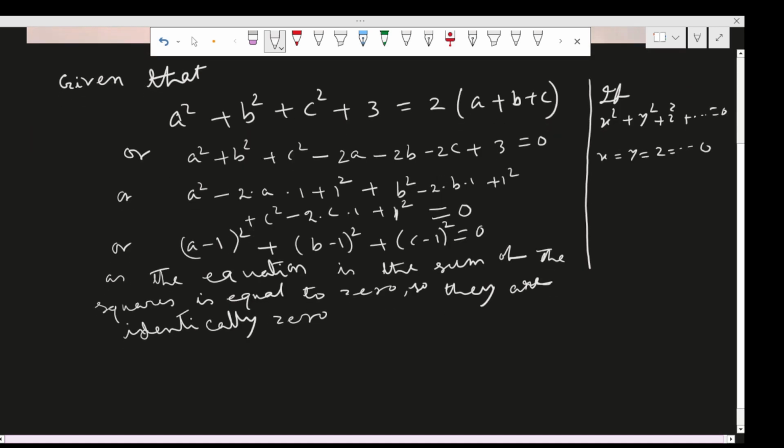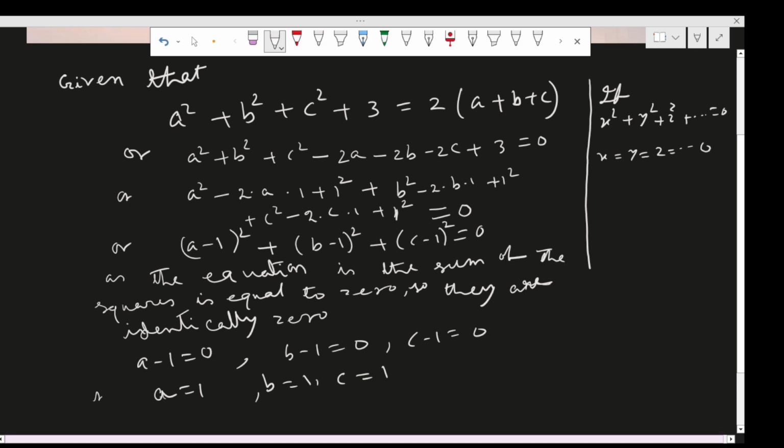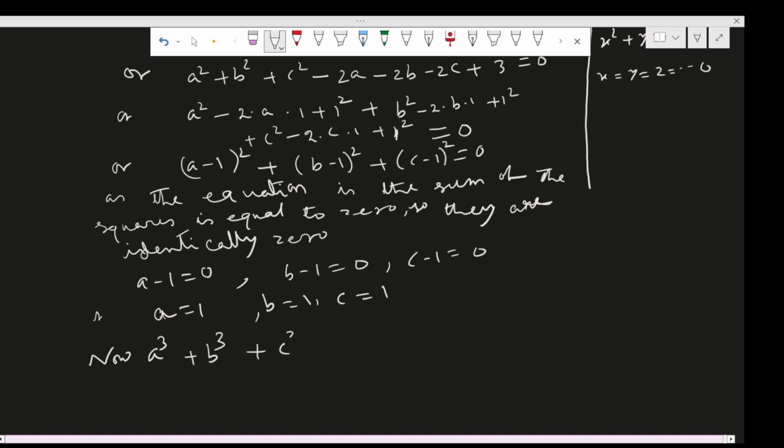That means a minus 1 is equal to 0, b minus 1 is equal to 0, c minus 1 is equal to 0. Solving these, which are three independent equations, a is equal to 1, b is equal to 1, c is equal to 1. Now obviously we can find the value of a cube plus b cube plus c cube.